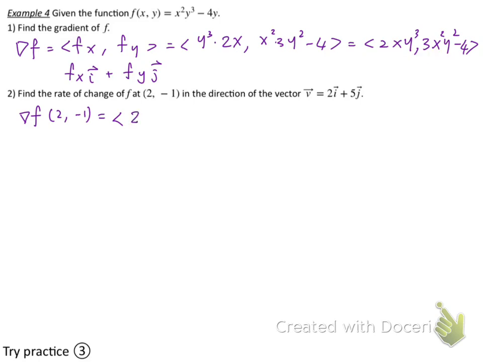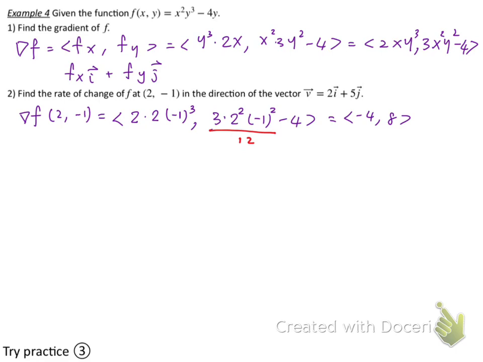I'm having 2 times x is 2, y is -1, comma, 3 times x is 2, y is -1, minus 4. So the x component is 2 times 2, 4, times -1 to the third power, -1, so -4. And my y component is 12, take away 4, 8.